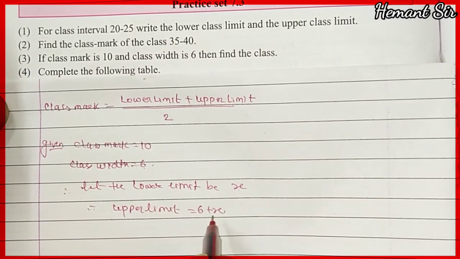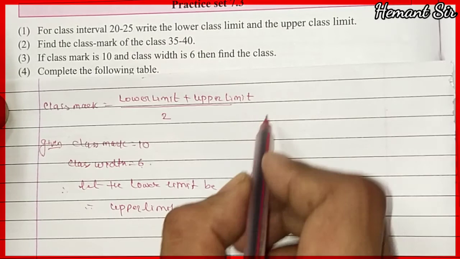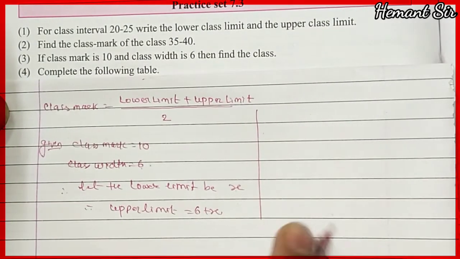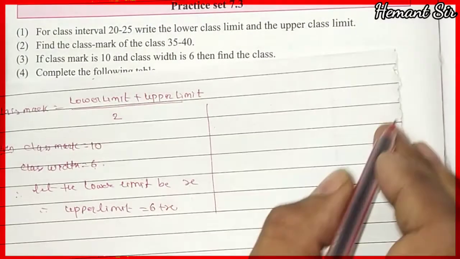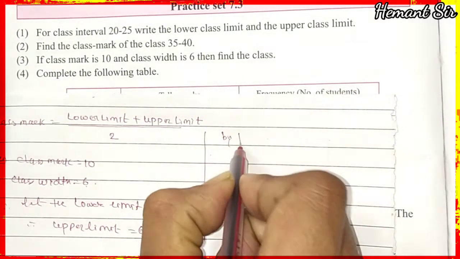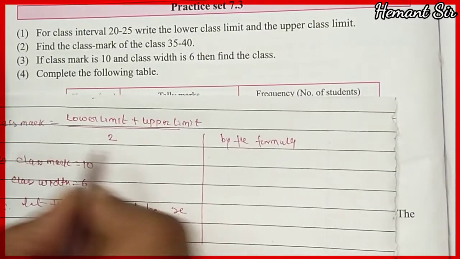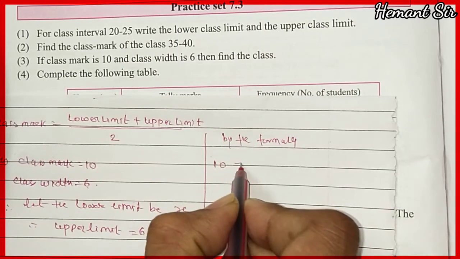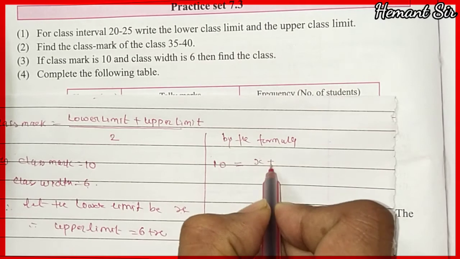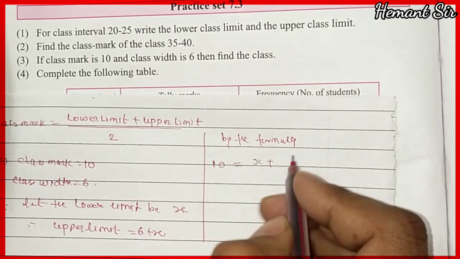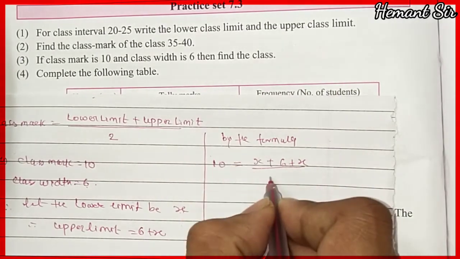So now we are going to use the class mark formula. Class mark is 10, so 10 equals lower limit, which we have considered x, plus upper limit, which is 6 plus x, divided by 2.